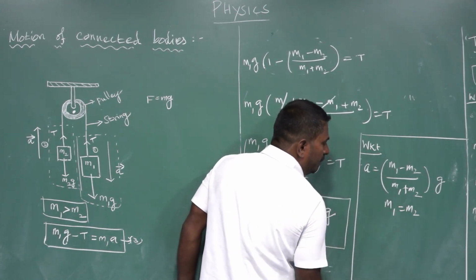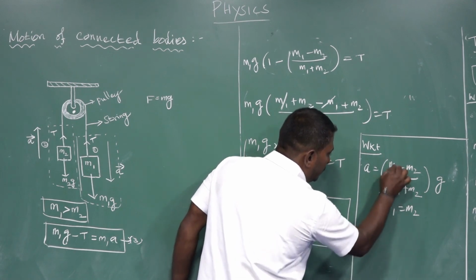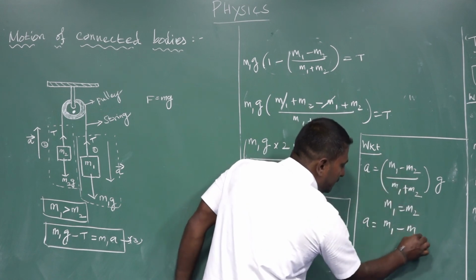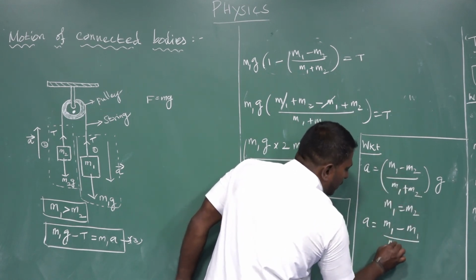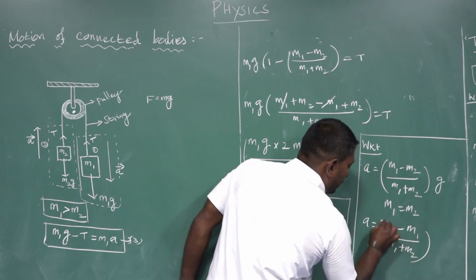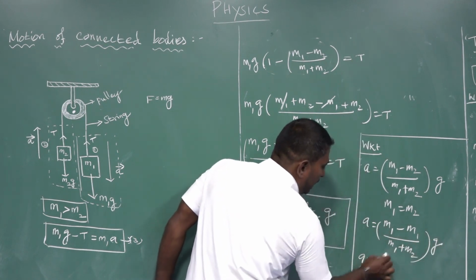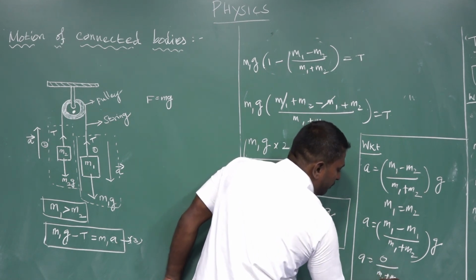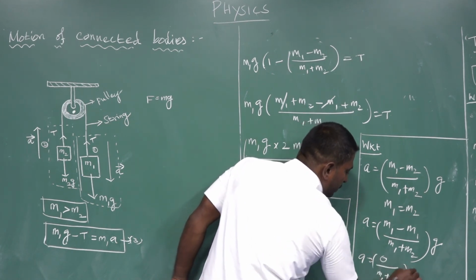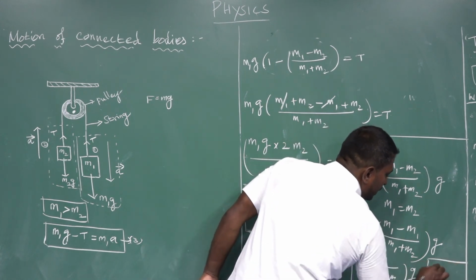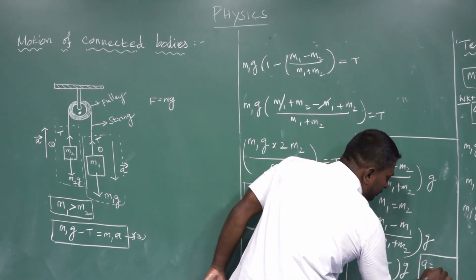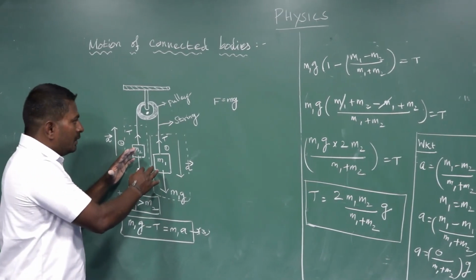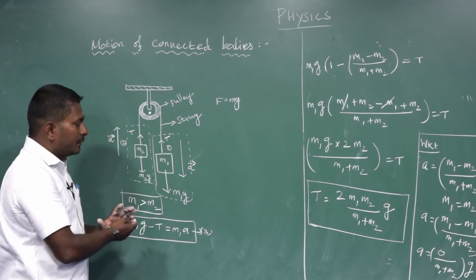So a is equal to (m1 minus m1) divided by (m1 plus m2) into g, which is 0. Then the acceleration of the whole system is 0, and the whole system is at rest.